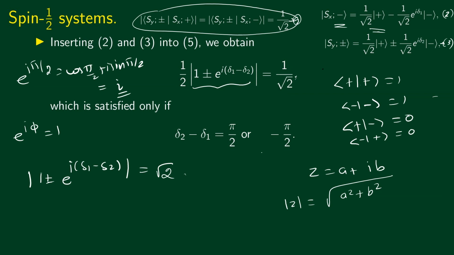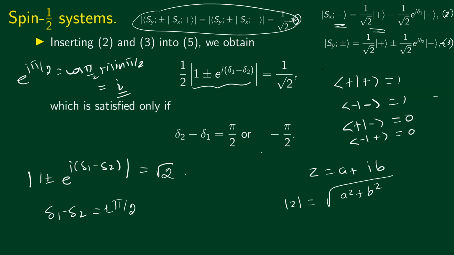So if it is 1 plus or minus i, the imaginary part here is also 1, and this condition will be satisfied. I hope my argument is clear. This means that delta 1 minus delta 2 should either be equal to plus pi by 2 or minus pi by 2.